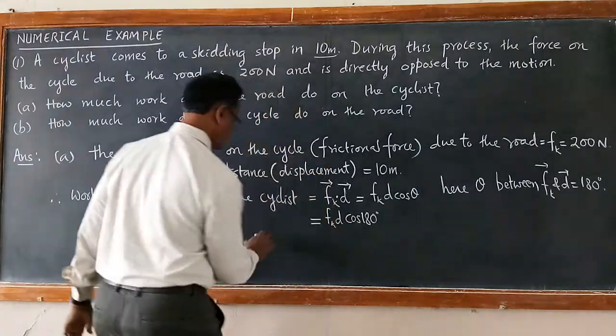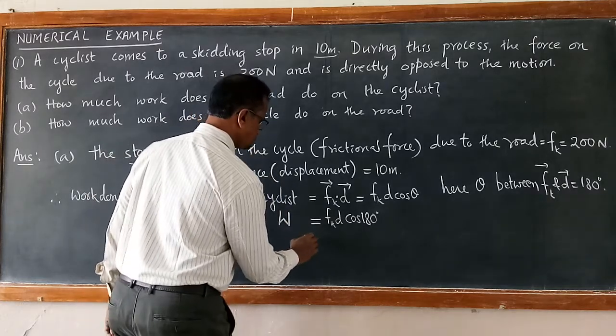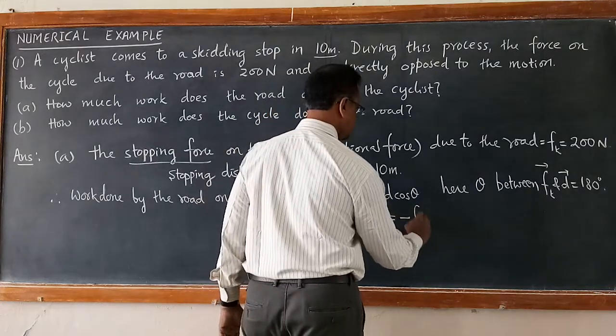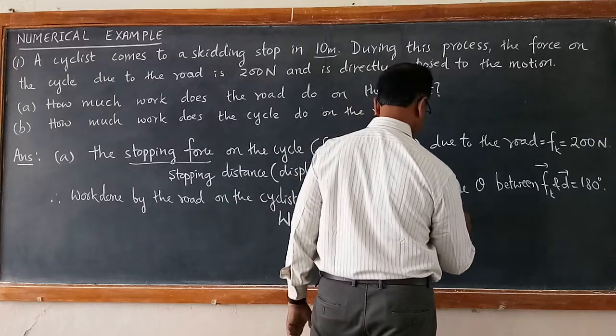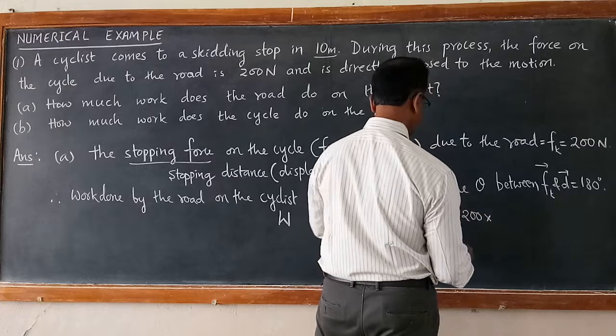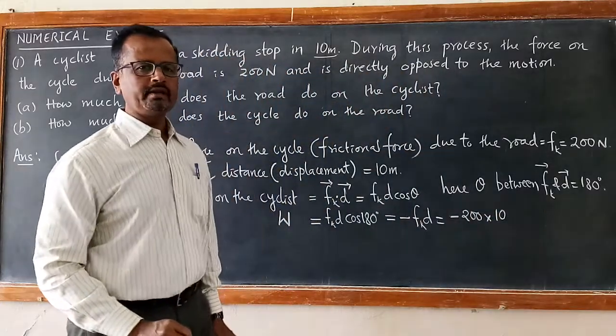Therefore, work done by the road on the cyclist becomes minus Fkd. Just substitute the values: minus 200 into displacement 10 meter.